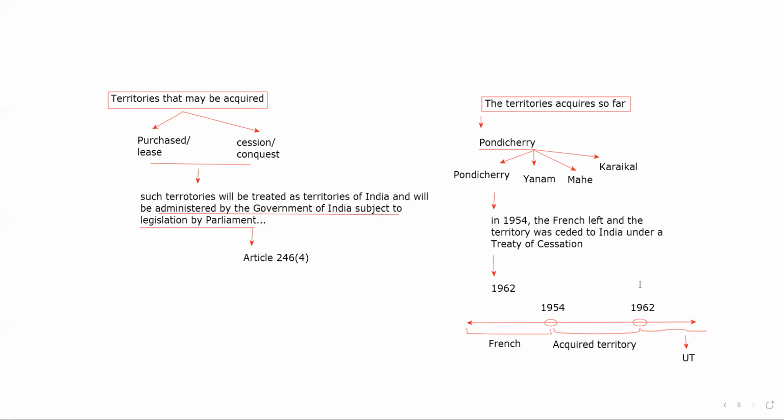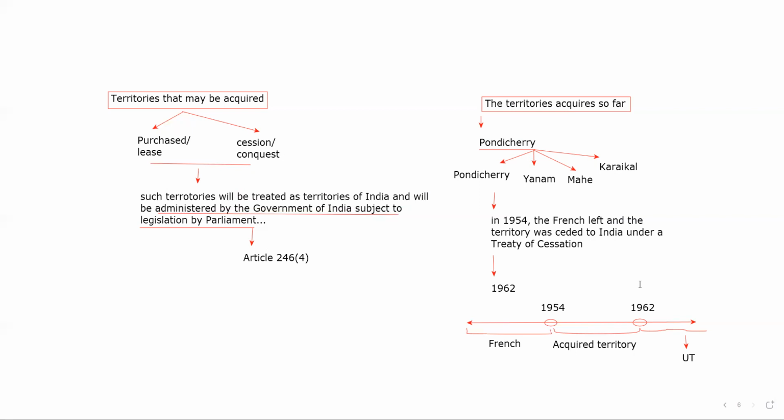Till then, it was not legally possible for us to include Pondicherry into the Indian Union, or to give it the status of a union territory.